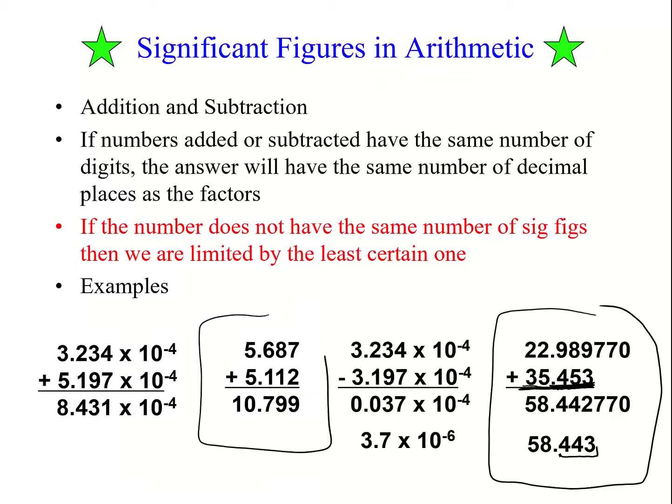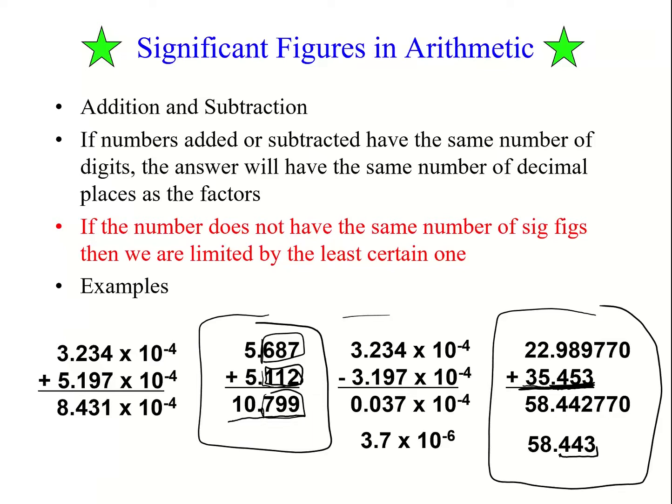The number of significant figures in my answer is more than in my original numbers. But again, for addition and subtraction, we look at the number of decimal places. Since both numbers have 3 decimals, my answer will have 3 decimals as well.